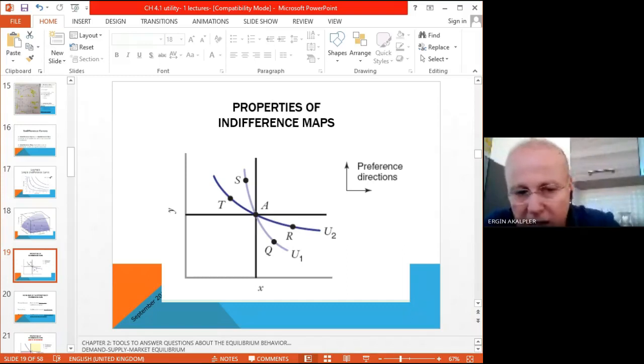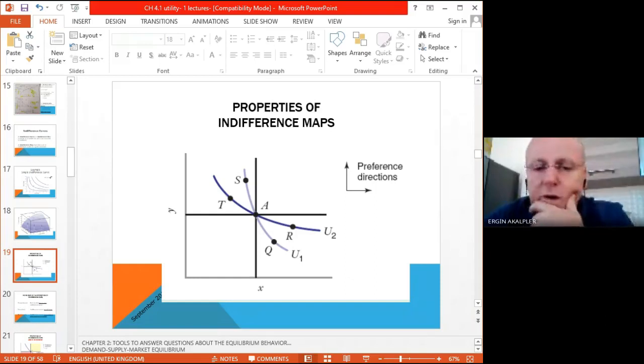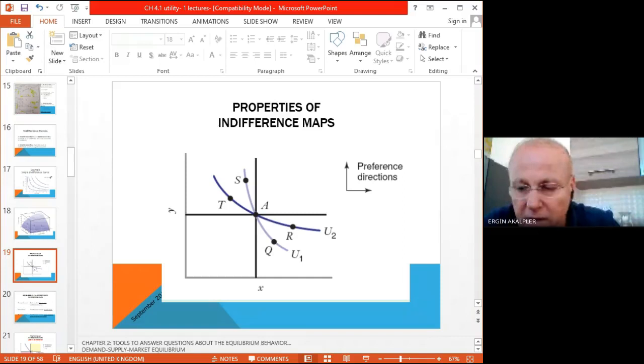And A is, of course, equally distributed between U1 and U2. Therefore, we are not able to intersect the indifference curves, because it is not giving a similar indifference or similar combination when you are concentrating on T and S or R and Q. Therefore, you have to find a reasonable explanation when something like this happens. This is not possible. And of course, we are going to exercise it in the following classes where we are going to apply the corner points.